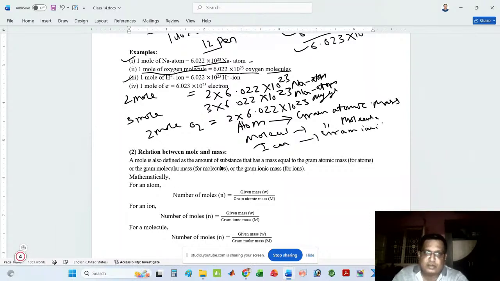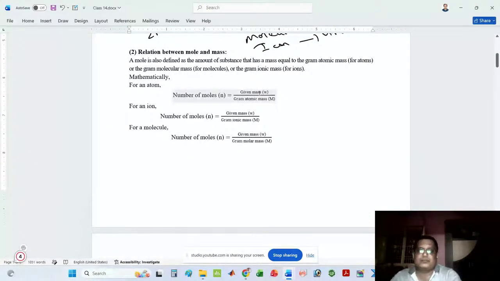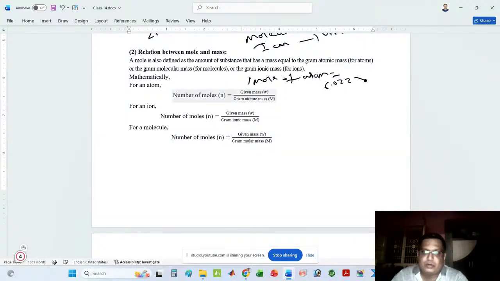Let's take an example. Suppose bring 1 mole of sodium atom. 1 mole of sodium atom, you bring 6.022 into 10 to the 23 sodium atom. It is in number. Suppose bring in weight. That means how much gram the weight of 6.022 into 10 to the 23 atom.